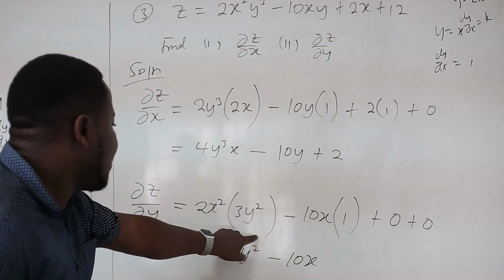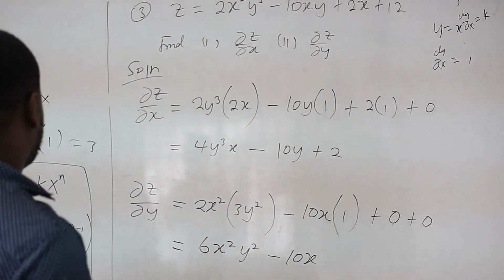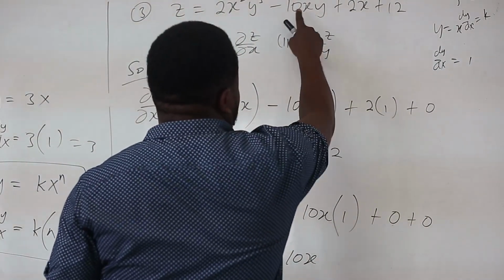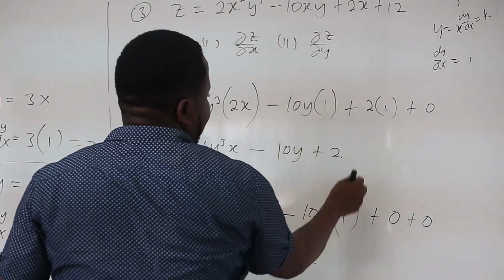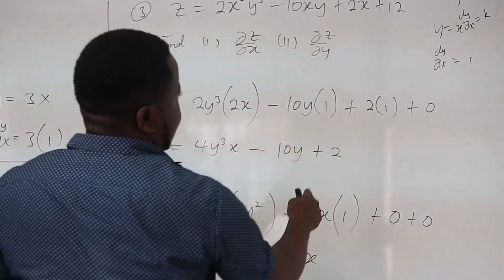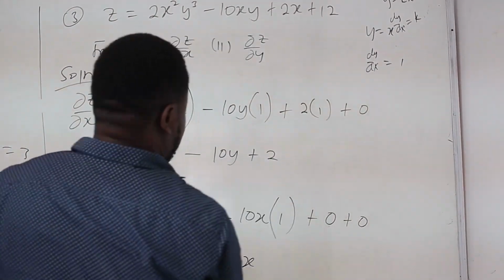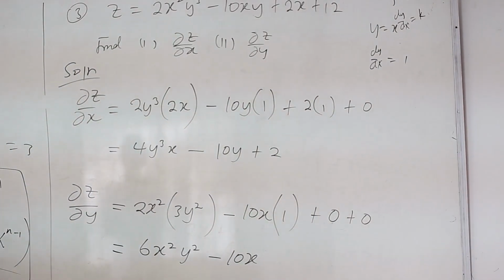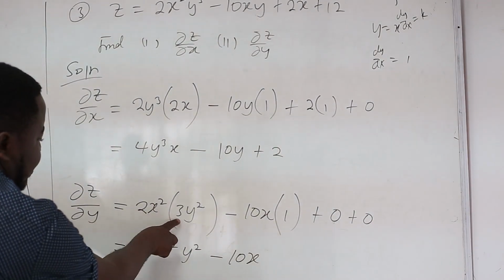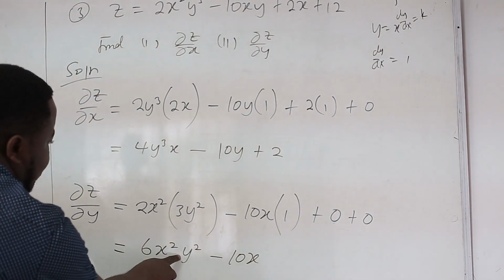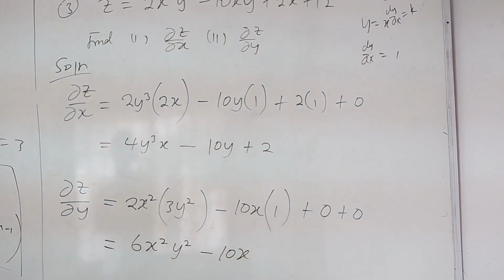So that's how we have 3y squared. Minus, so again, 10x is constant. So 10x, we differentiate y, we have 1. There's no y here, there's no y here. This is a constant, this is a constant. Get 0 and 0. Then when you simplify this, 2 times 3 will give us 6x squared y squared. Then we have minus 10x.